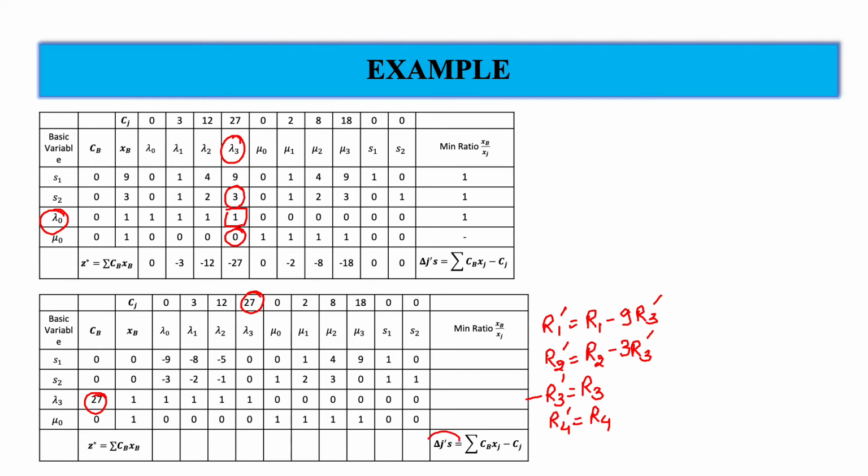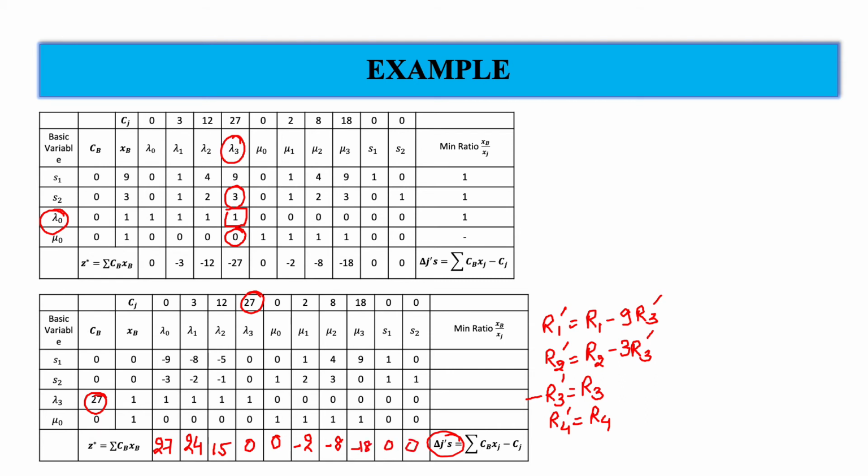Now we will calculate the delta j's. This is 0, this is 0, so for this it is 27 minus 0 is 27, then 27 minus 3 is 24, then 27 minus 12 is 15, 27 minus 27 is 0. Then 0, 0, so we are just writing the negative of cj's, and 0.